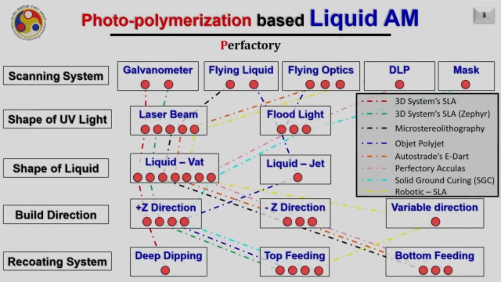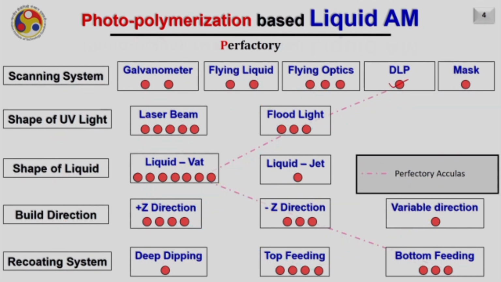If you recall, we have classified the wet photopolymerization based liquid additive manufacturing processes based on different subcomponents such as the scanning system, shape of UV light, shape of liquid, build direction and recoating system. You can see that the Perfactory, which is here, uses DLP for scanning the layers, and it uses floodlight instead of a laser beam.